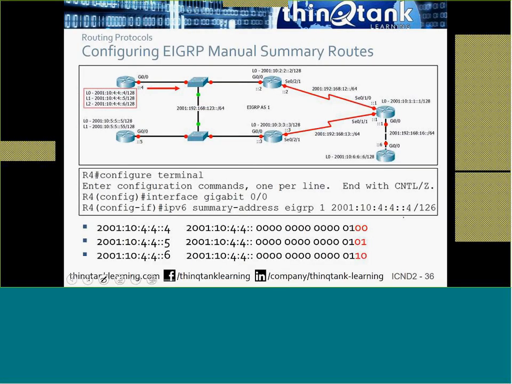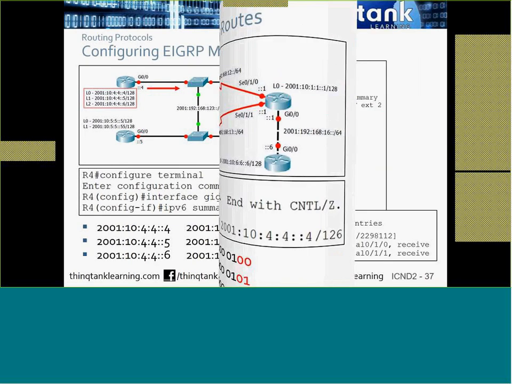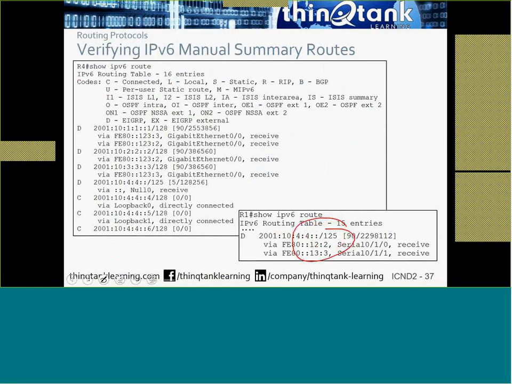It should be a /126, because the only bits that don't match are the ones on the end, which are the last 2 bits of the address. I mean, think about it. This is 4, this is 5, this is 6. Only the last 2 bits didn't match. So I probably entered the summary address wrong in this case when I was verifying that output.